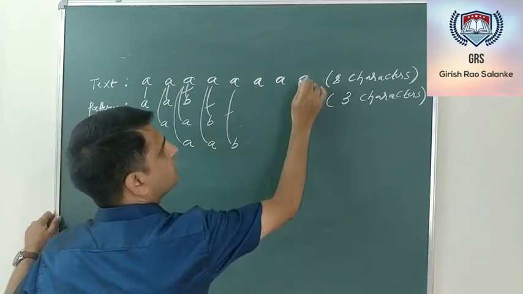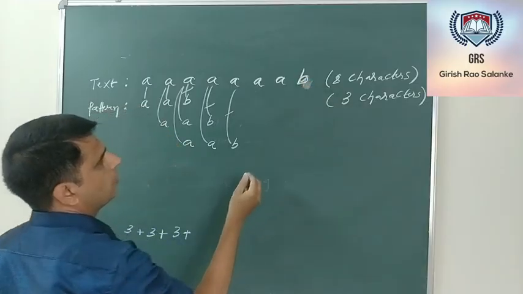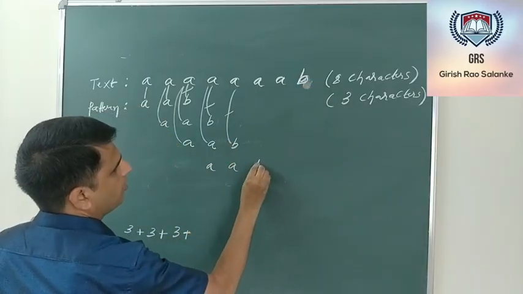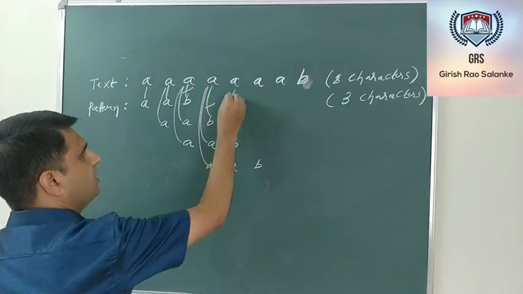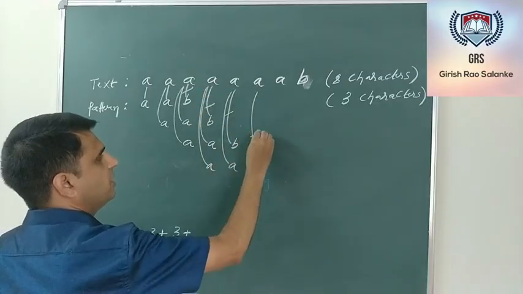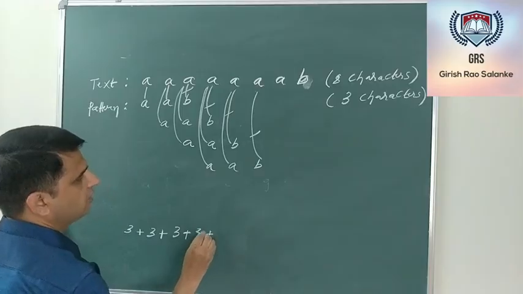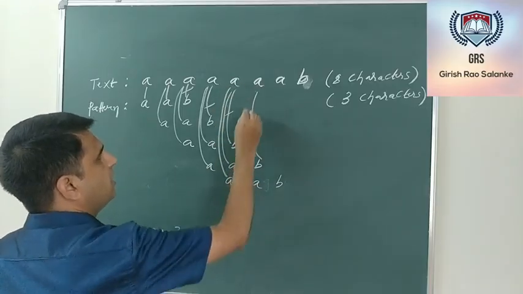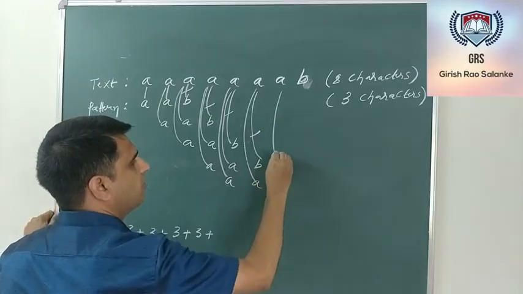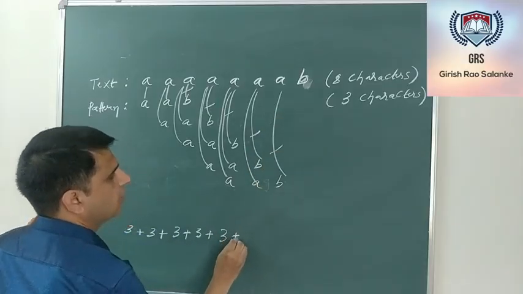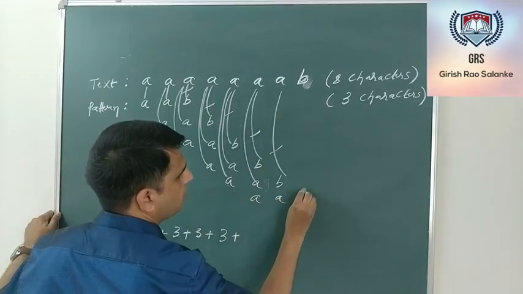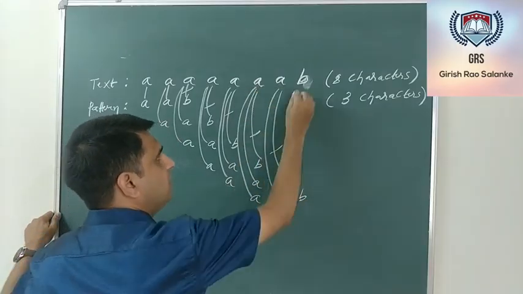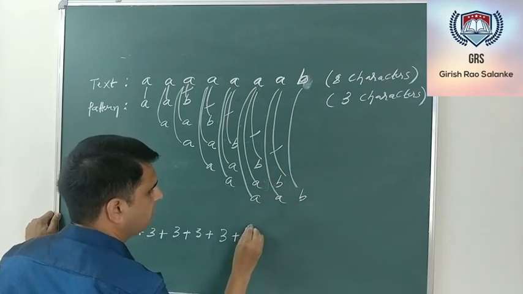Next, I will shift it, A, A, B. There is a match here, a match here, a mismatch here. But the number of comparisons is 3. Next, there is a match here, a match here, a mismatch here. 3 comparisons. Next, there is a match here, a match here, a match here. The number of comparisons is 3.